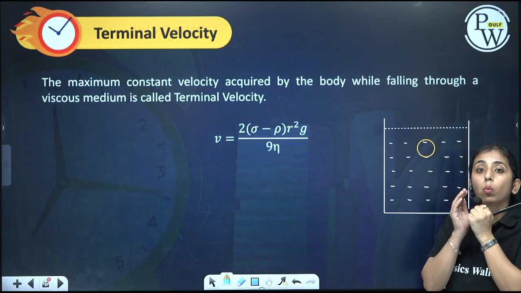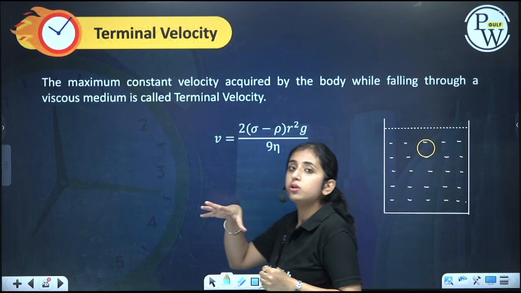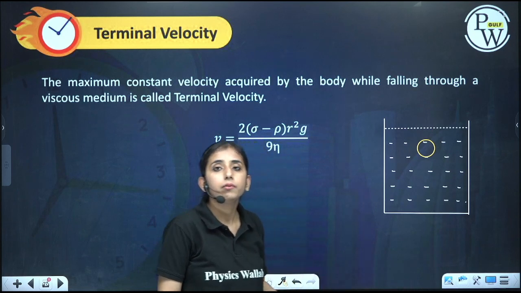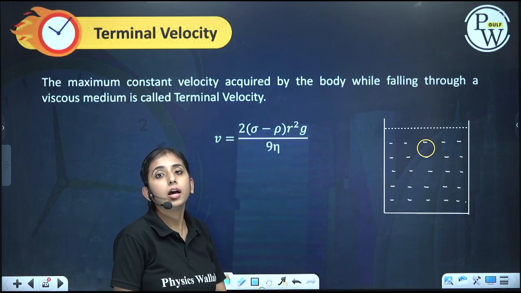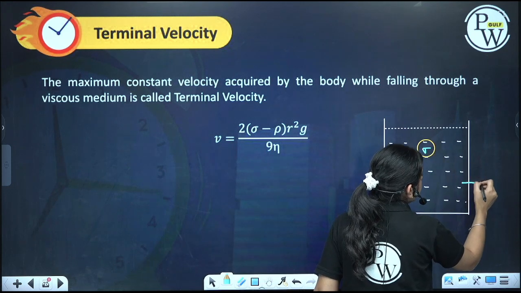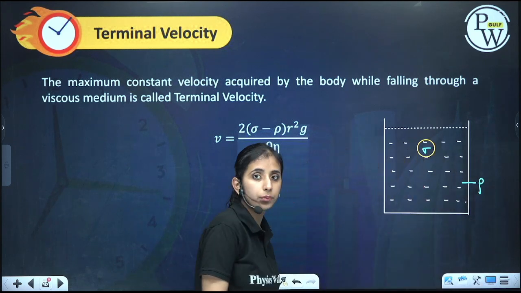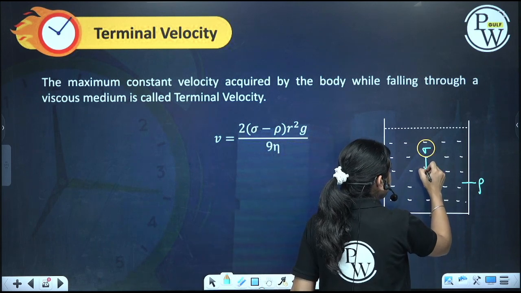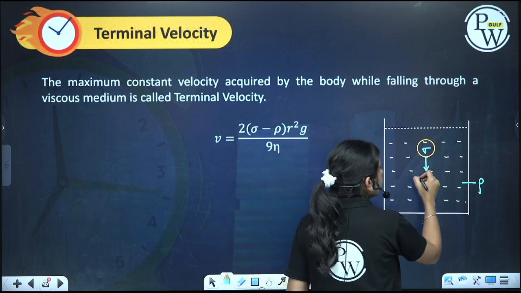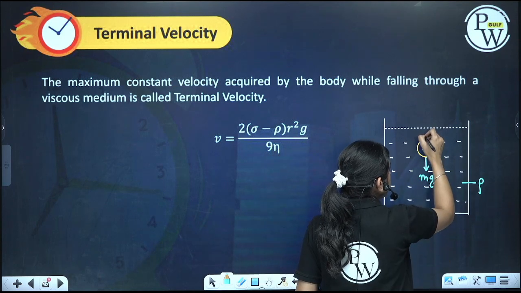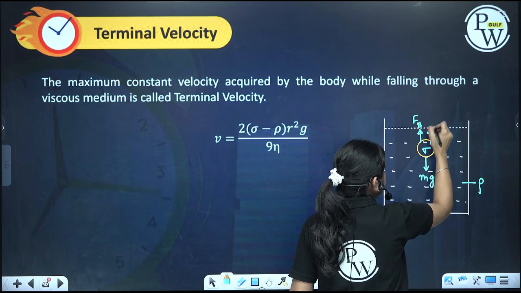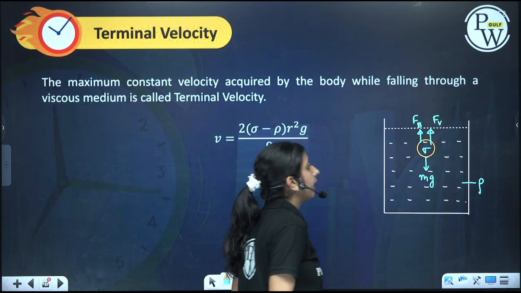Suppose we drop a spherical body of radius r into a fluid. The density of the body is sigma and the density of the fluid is rho. Initially there will be three forces acting on this body: its weight acting downwards, the buoyant force acting upwards, and the viscous drag acting upwards.